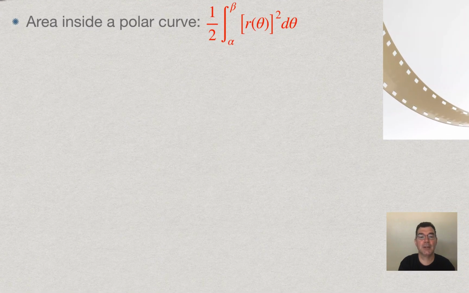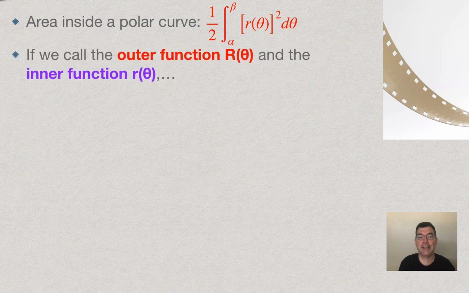Okay? So we know that this is the formula for the area inside of a polar curve. We talked about that in the last video when we were just talking about one polar function at a time, but now we've got two on the same graph.